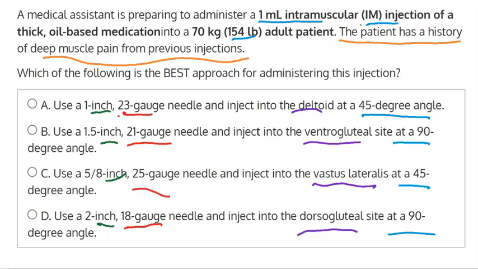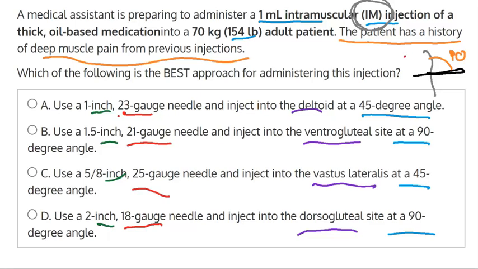Well, the injection is saying IM. And if you know about intramuscular injections, let's say this is the muscle, they always will be given at a 90-degree angle. So this is your injection at your 90-degree angle. If you give it at a different angle, then you're not going into the muscle and you're going into a different area.